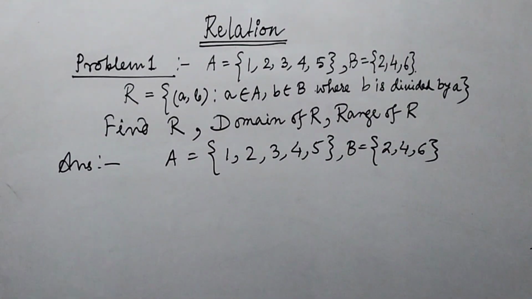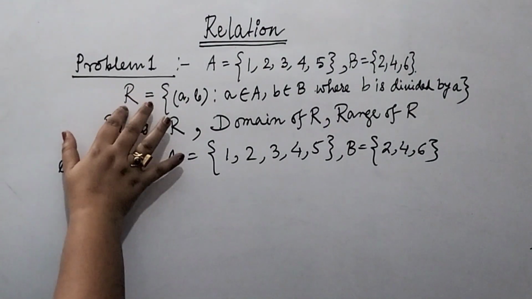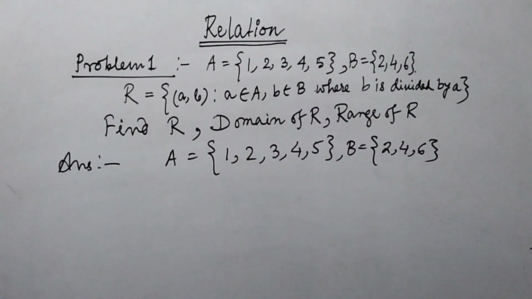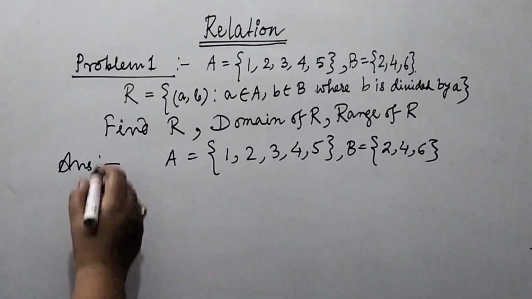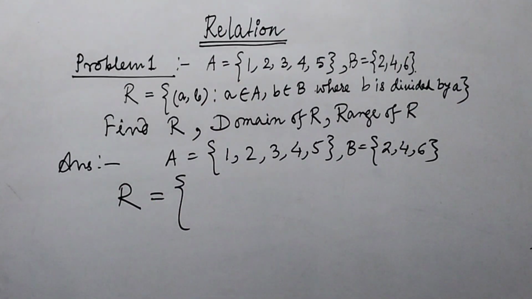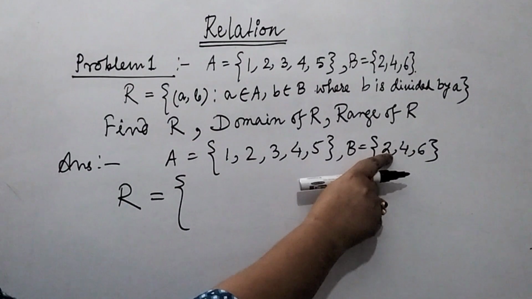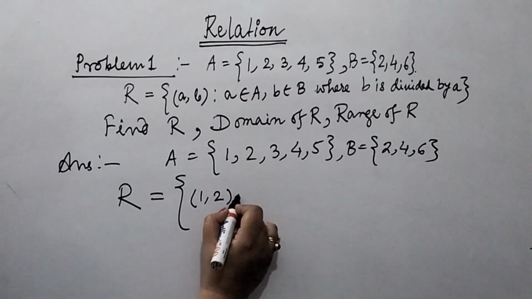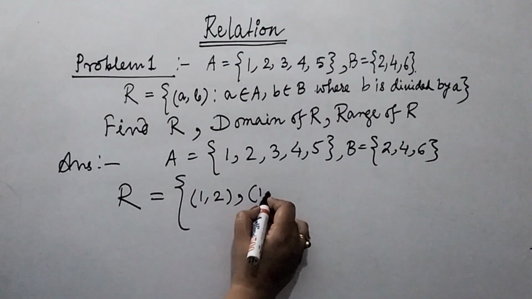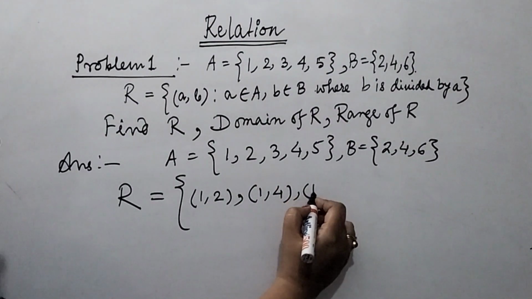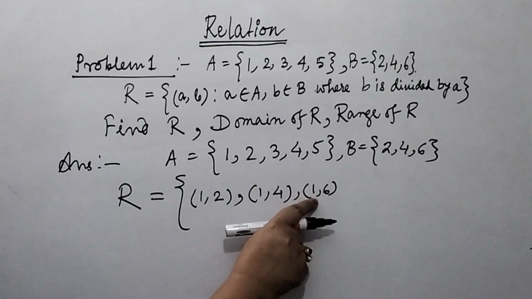Now, out of those elements of A cross B, only those elements will be selected for R where we will find that the second element is divisible by the first element. So let's try to make the set R. Here R will contain which elements? First of all, (1,2), because 2 is divisible by 1. Then obviously (1,4), as 4 is divisible by 1. Then (1,6), as 6 is divisible by 1.